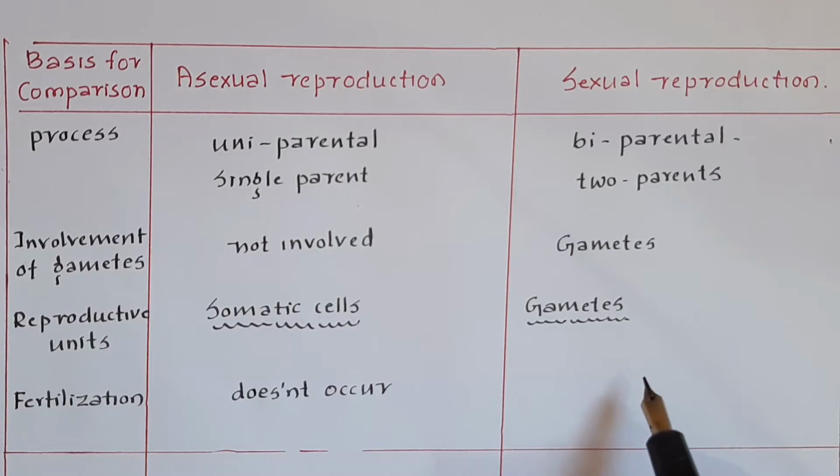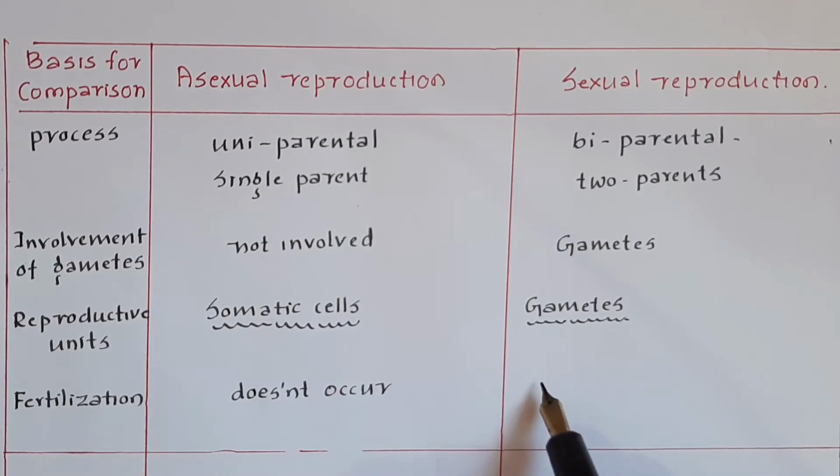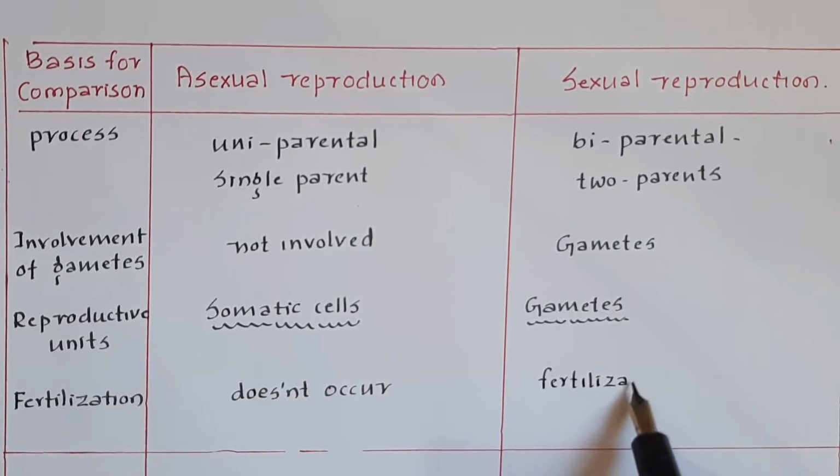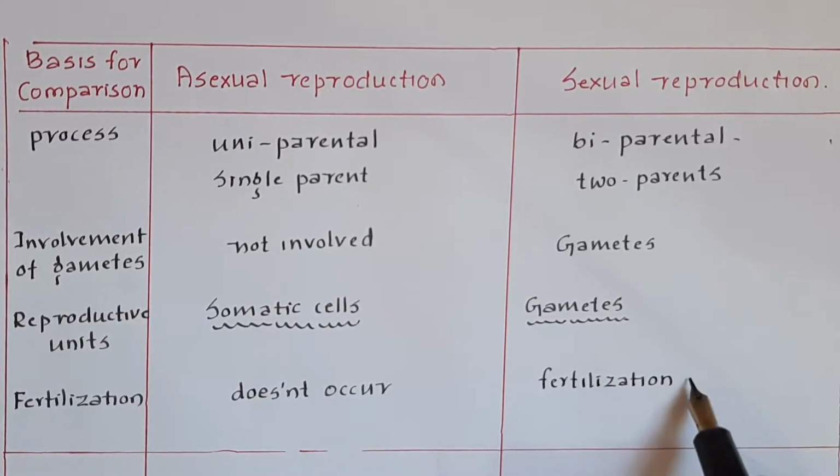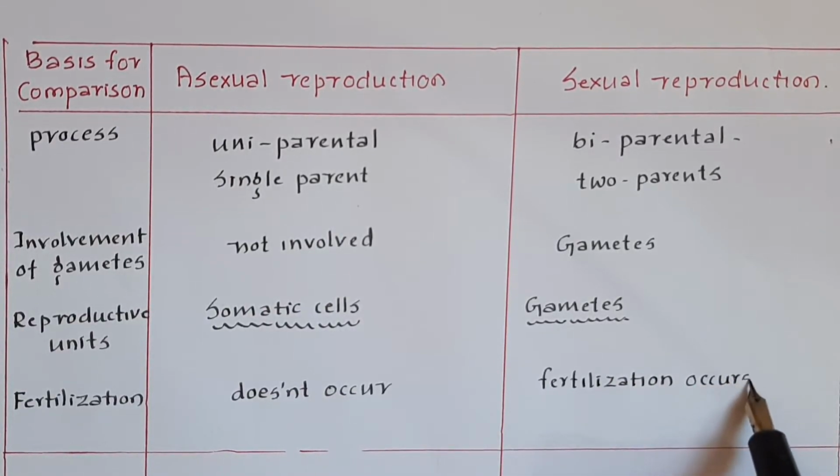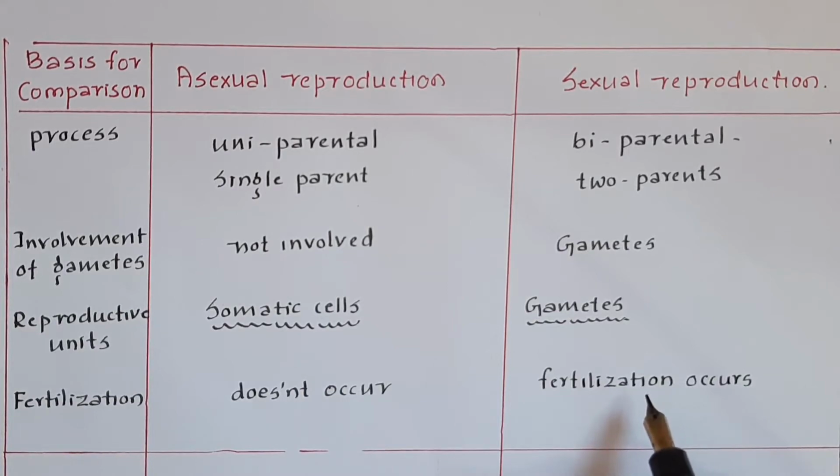Sexual reproduction occurs with the fertilization of male and female gametes. So fertilization means it takes place between the male and female gametes. It can be either internal or external. So this is how, on the basis of fertilization, we can differentiate asexual reproduction from sexual reproduction.